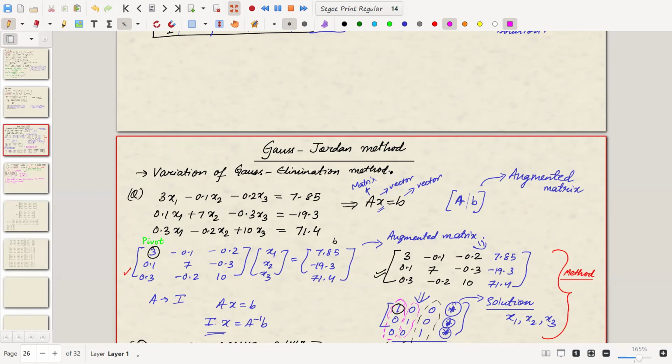Moreover, in management and business this is very useful. You have to maximize your profit, and your profit will depend on a lot of scenarios. So automatically the number of equations and number of unknowns will increase, and you will get a very big matrix.